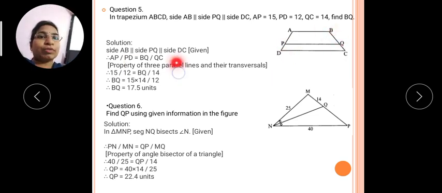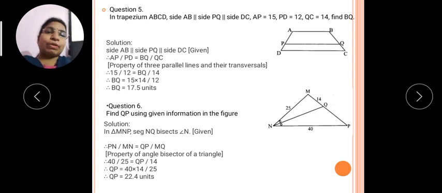Substitute the values: AP is 15, PD is 12, BQ is what we have to find, and QC is 14. Therefore BQ is equal to 15 into 14 divided by 12, so BQ is equal to 17.5 units.